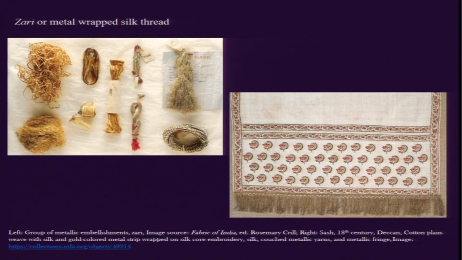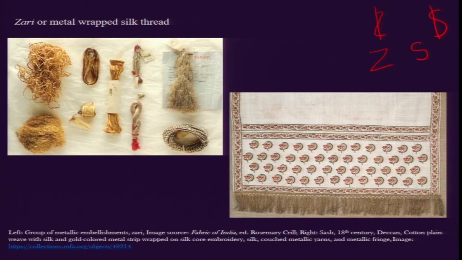There are two kinds of wrapping, at least what Stephen Cohen and Rosemary Crill suggest: one is Z and the other one is S. Imagine this is the silk thread, and the metal thread is wrapped like this, anti-clockwise, then that is called the Z wrapping. In the other way, the clockwise wrapping is the S kind of wrapping.